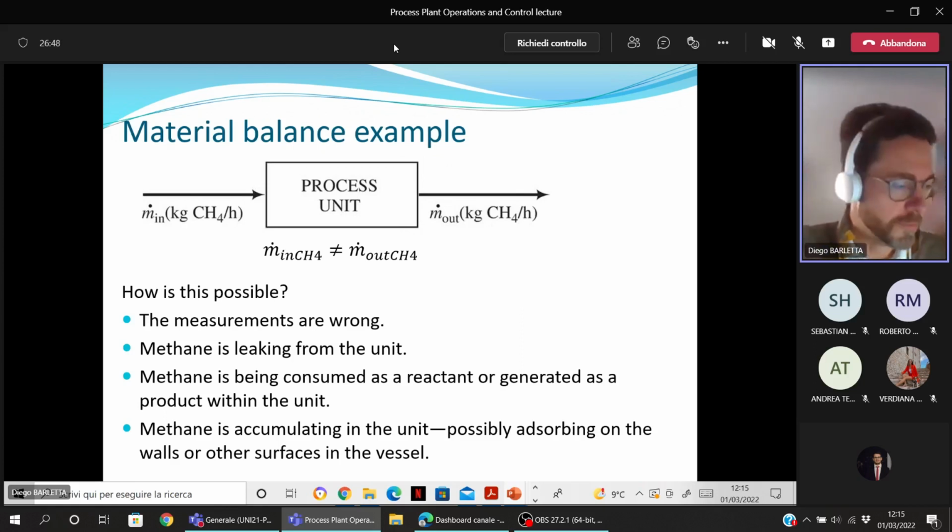So before, in the previous slide, we were talking about total mass balance, and we were saying that total mass in input is equal to the total mass in output, and there is no doubt on this. But if we are referring instead to a single species, a single chemical component, we can have a situation that is a little bit more complex than this.